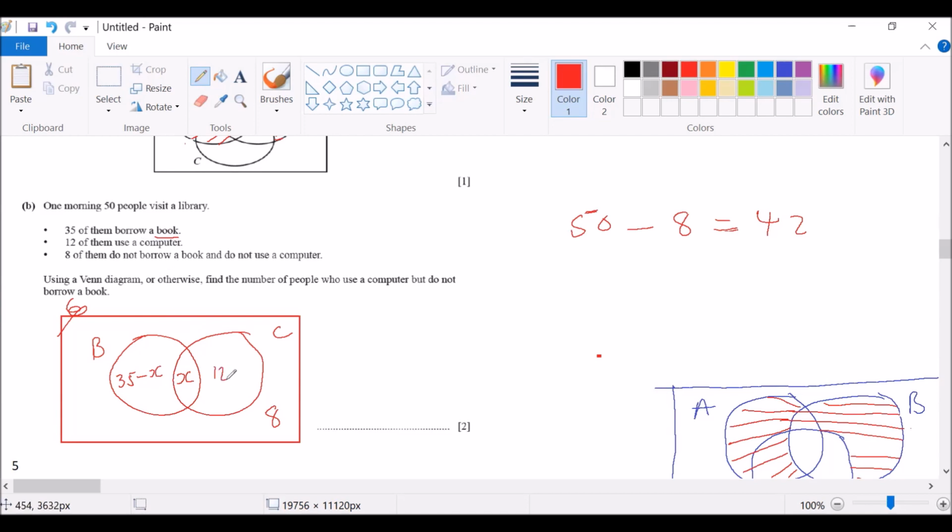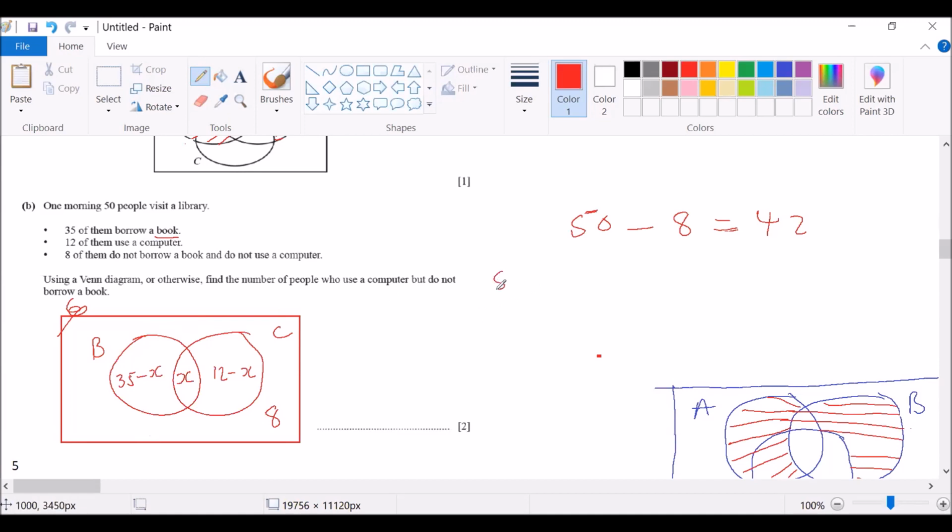So 12 minus X are the ones who just use a computer but did not borrow a book. Okay. So what do we have here? If we add these up, we should get 42. Everyone in here is 42.